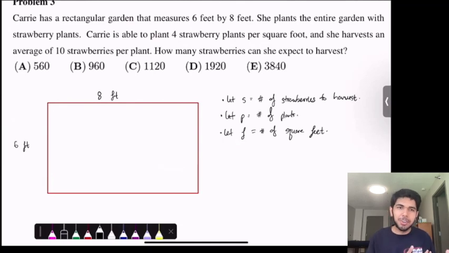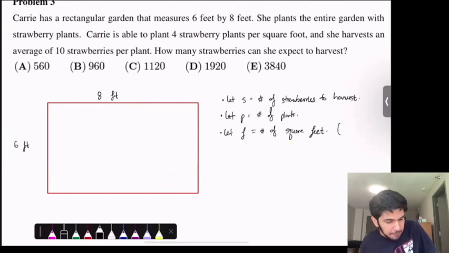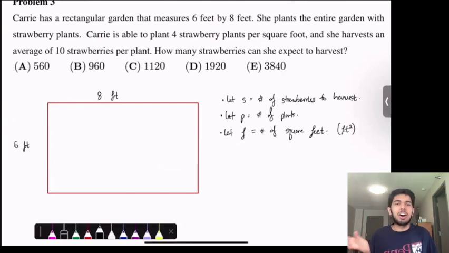So how do we know that we need the area? Well, this comes down to basically analyzing the units. If f is the number of square feet, this has units feet squared, right? That's some sort of area, and this unit is obtained by multiplying 2 dimensions that have units feet.